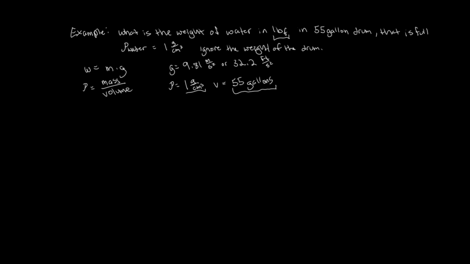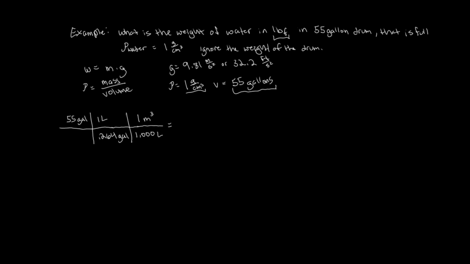So in order to do that, we're first going to take 55 gallons and convert it. 1 liter is 0.264 gallons. And 1,000 liters is 1 meter cubed.